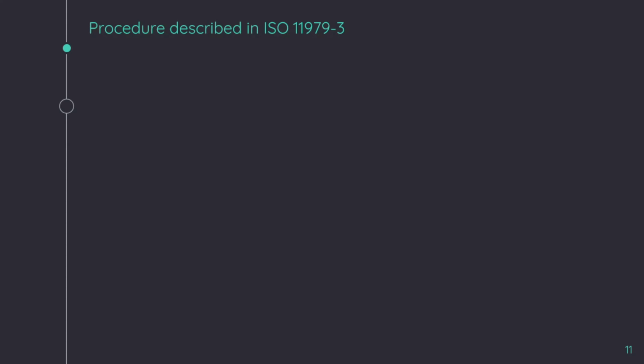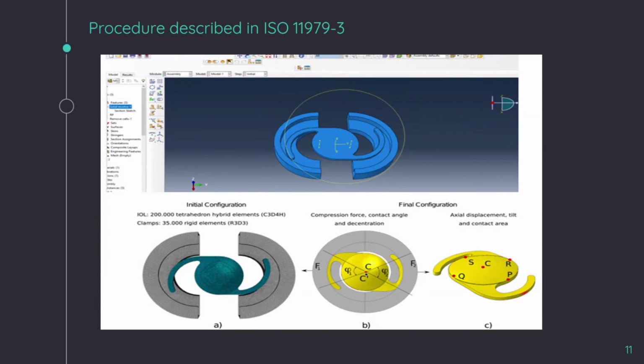We use a standardized procedure to approximate the behavior of the IOL in the capsular bag, which is ISO standard 11979-3. In this compression test, the IOL is placed between two clamps with a curvature radius of 5 mm and compressed to measure its mechanical stability. The clamps are initially separated by a distance equal to the overall dimension of the IOL to allow its gentle positioning without introducing pretension.